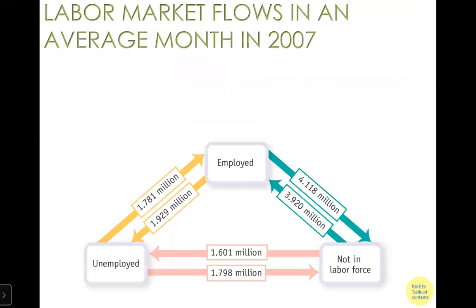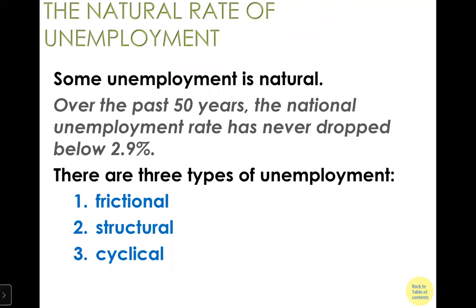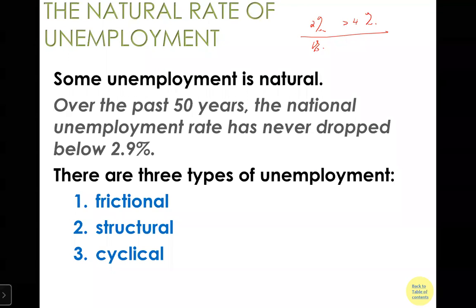Number one, the unemployment rate was never below 2%, and most of the time it's greater than 4%. That's for the US unemployment rate after World War II. And number two, the average unemployment rate is probably between 4 and 6%. Right? Okay, and here this slide just summarizes these facts.